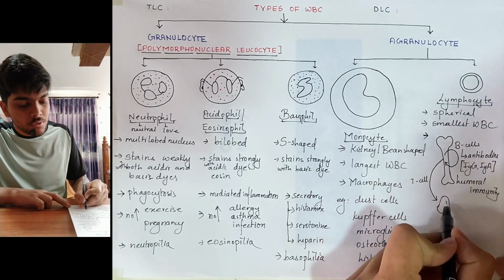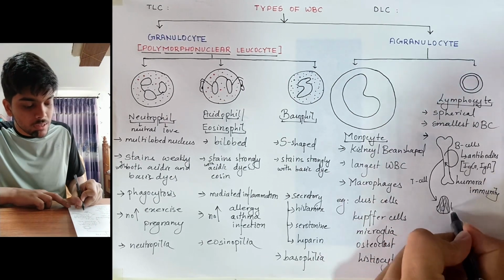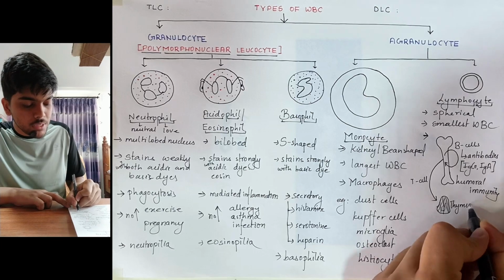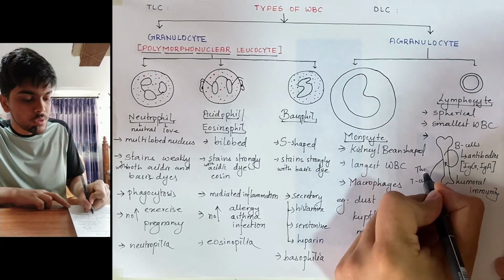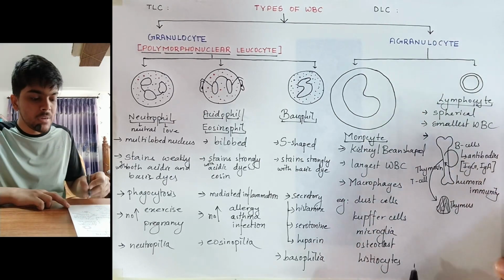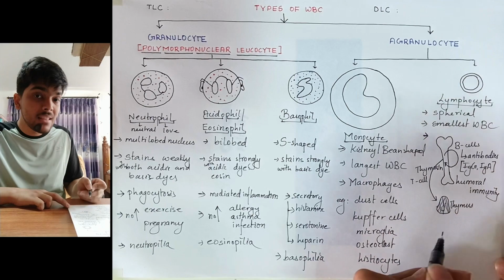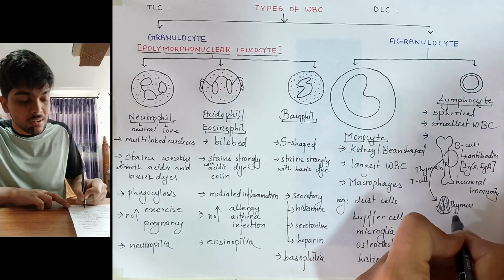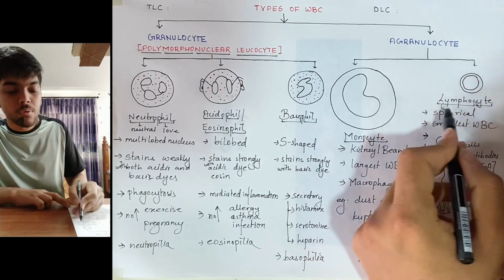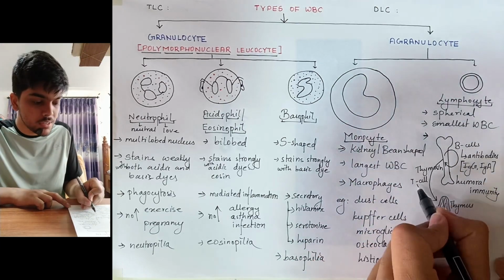Second, T cells. So here's your thymus gland, which is an endocrine gland. You will know that in the topic of endocrine system. This thymus gland produces a hormone called thymosin. This thymosin hormone tells the cells to come out, go into the thymus, and then mature or differentiate there. And those particular lymphocytes that come out of the bone marrow and mature within the thymus are your T cells.